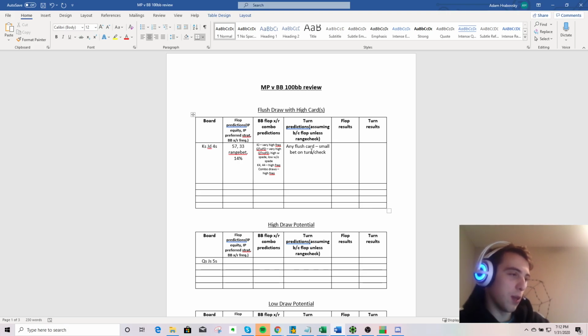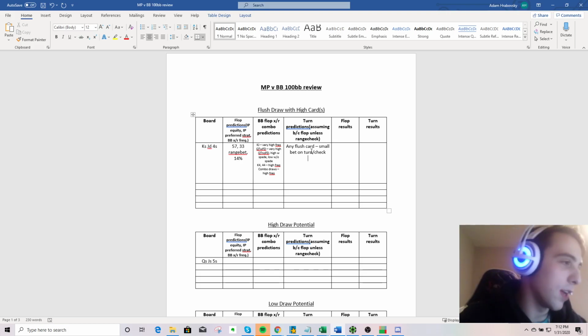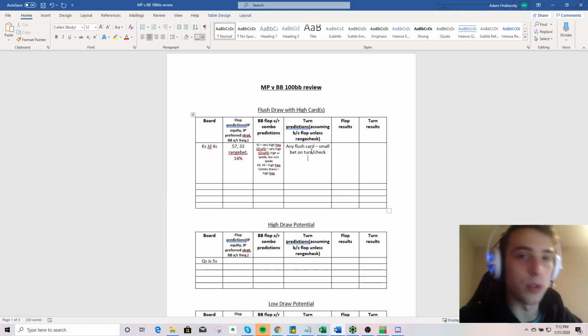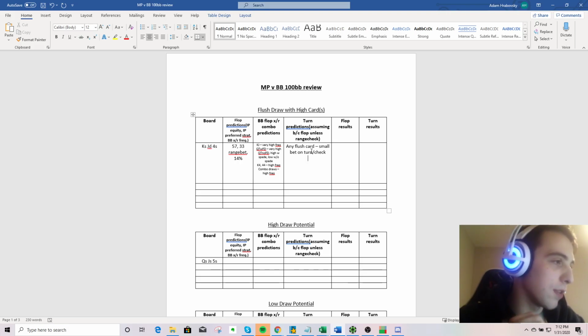Generally when flushes complete on the turn, it uncaps big blind, so in position is basically only using small sizings, and by that I mean like 75% pot. We're not going to be overbetting on any flush card turns generally. Small bet is usually either 75% or 150%, the two sizings I generally am using for these sims. So any flush card is going to be a small bet on turn or check.